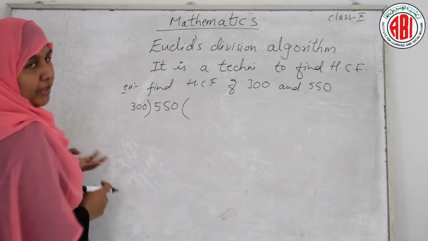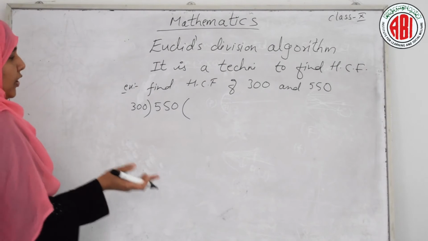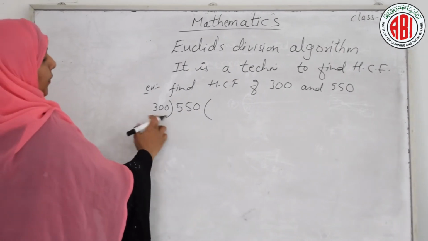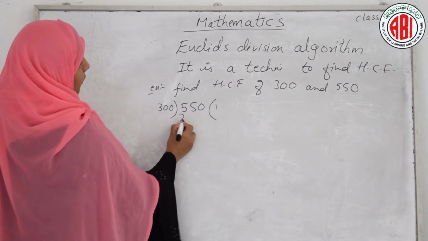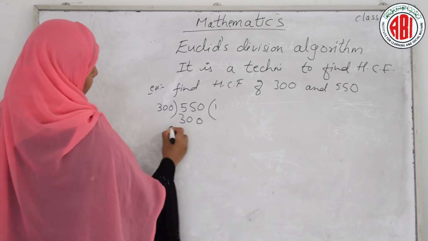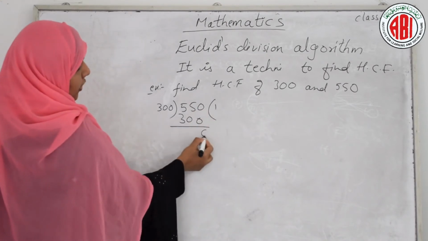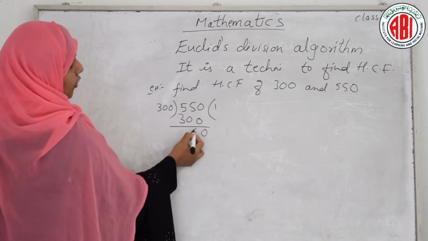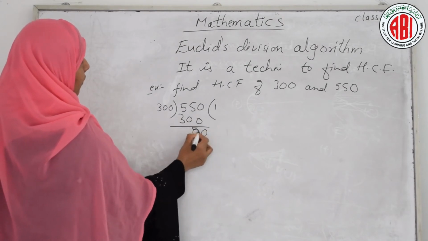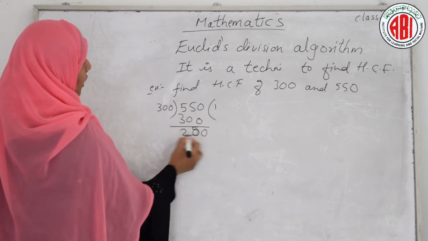Now let us apply. 300 ones are 300, 300 twos are 600, which we can't use here. So 300 ones are 300. 0 minus 0 is 0. 5 minus 0 is 5. 5 minus 3 is 2. It's 250.